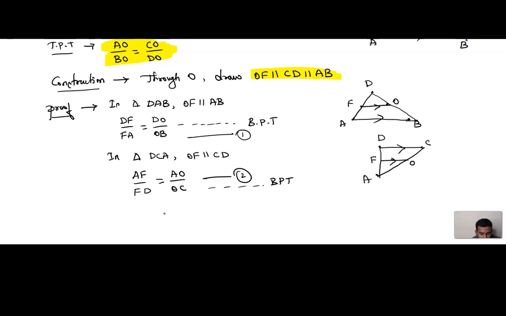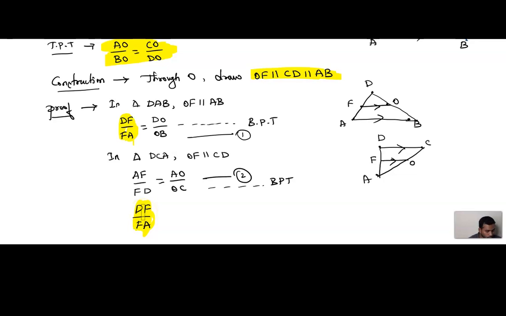One minute. Shall we take reciprocals? So what happens? FD will become DF, and AF can be written as FA. Why am I doing this? Because I want one side common.